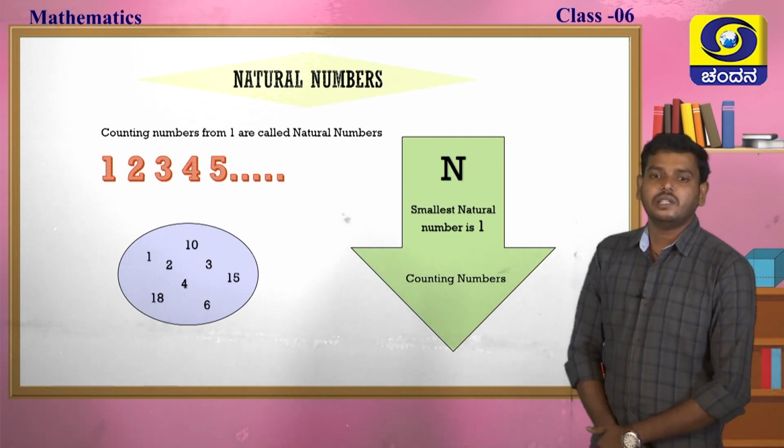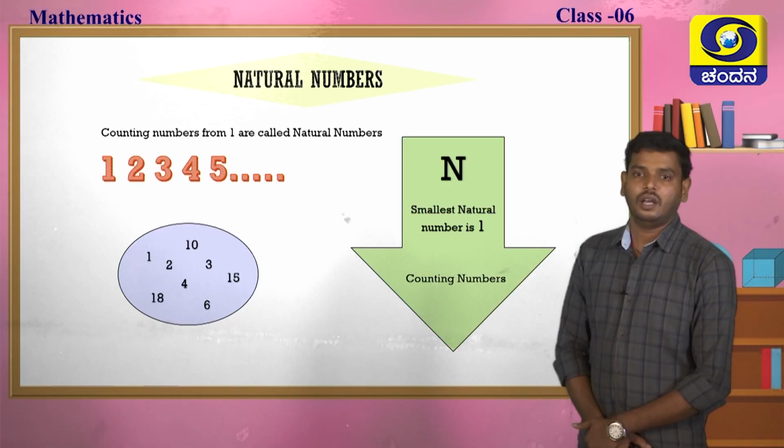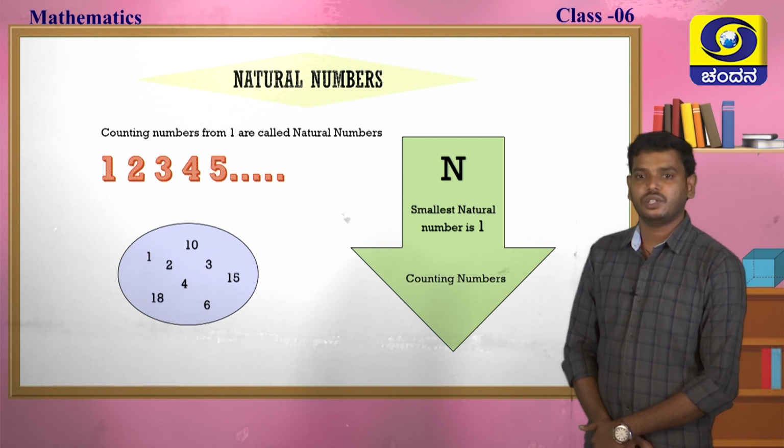In this circle you can see the natural numbers, students. Always the natural numbers start from 1, which you should not forget, and the smallest natural number is 1, of course. Why? Because natural numbers start from 1 itself, therefore the smallest natural number is 1. I hope you have understood, children, about natural numbers.